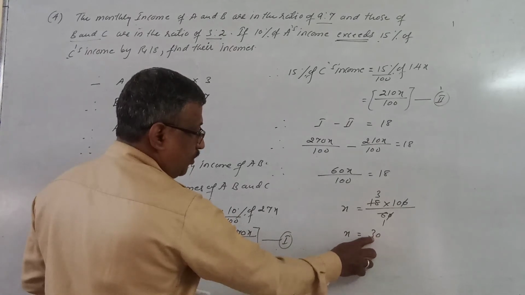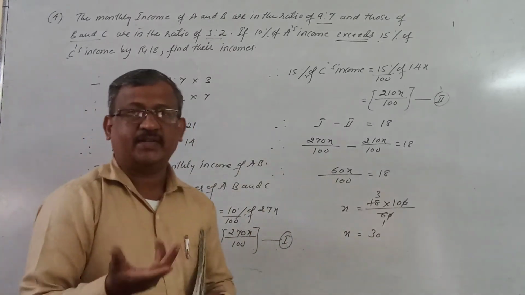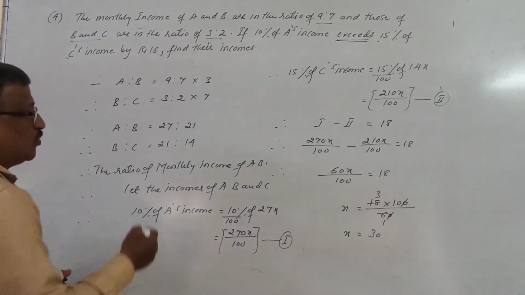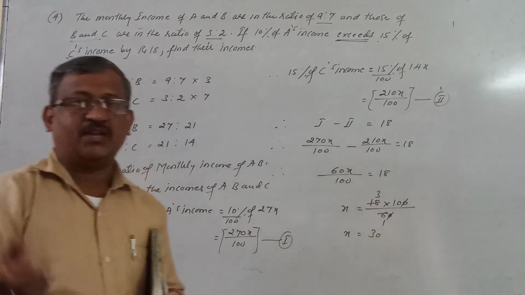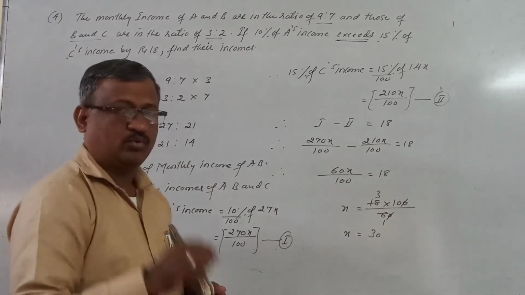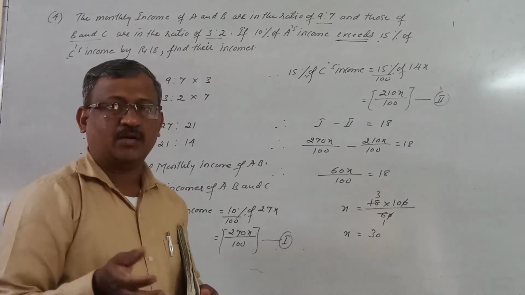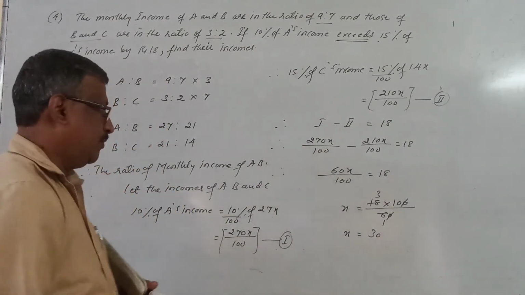If we substitute this number in their incomes, we get their incomes. Their incomes we have assumed as 27x, 21x and 14x. Wherever x is there, if you replace that x with 30, we get the income of A, B and C. So let's calculate.